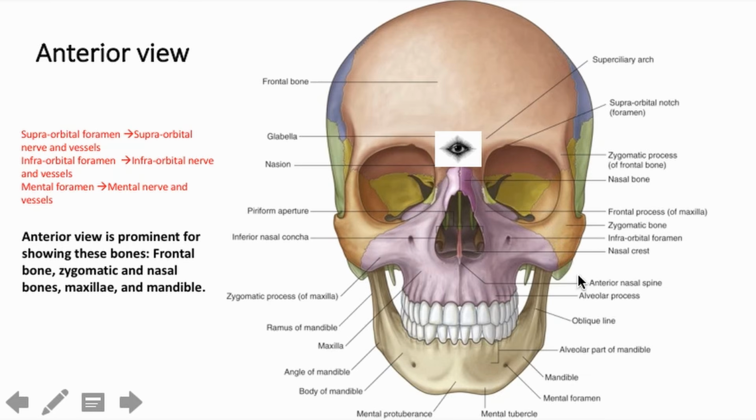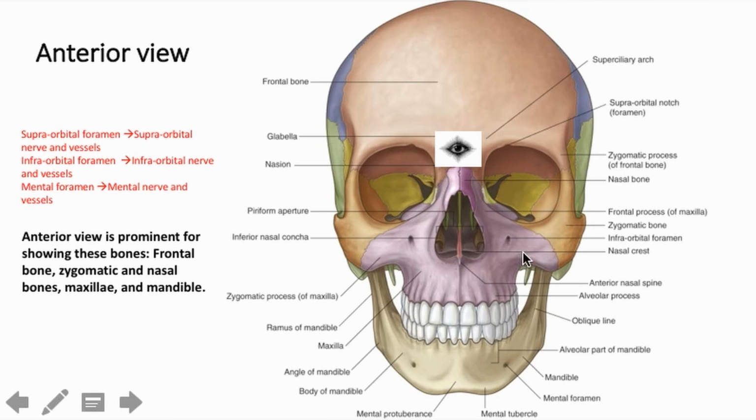Then we can go into the maxilla. The maxilla is part of the face between the orbit and the upper teeth, and it's formed by paired maxillae. Superiorly, it makes the inferior and medial rims of the orbit, so you can see right in here. Laterally, the zygomatic process of each maxilla articulates with the zygomatic bone.